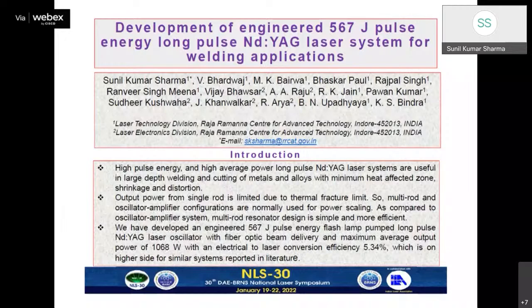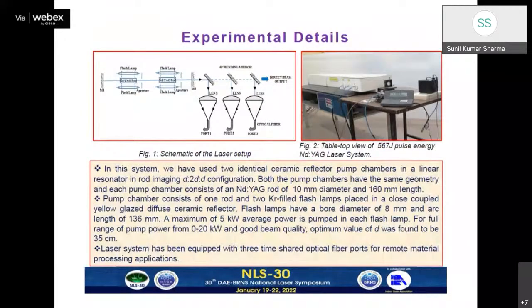Can you go to the second slide? In this system, we have used two identical ceramic reflector pump chambers in a linear resonator in rod imaging configuration. Both the pump chambers have an Nd:YAG rod and two krypton filled flash lamps placed in a close coupled yellow glaze diffuse reflector.